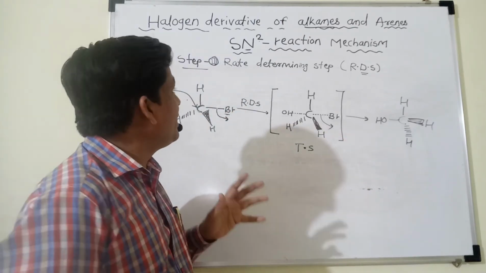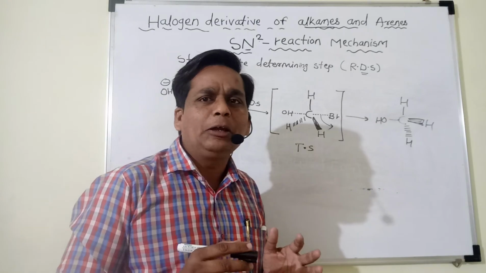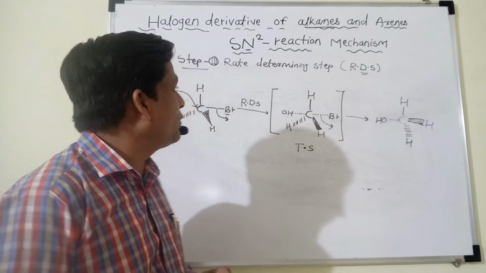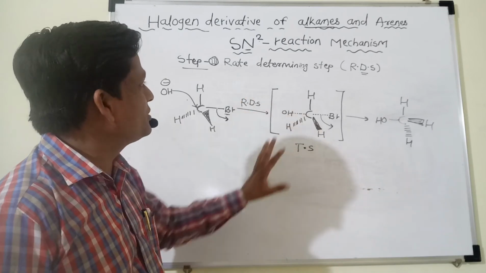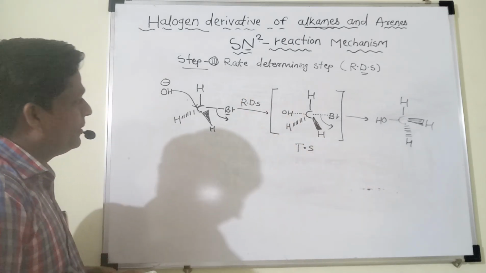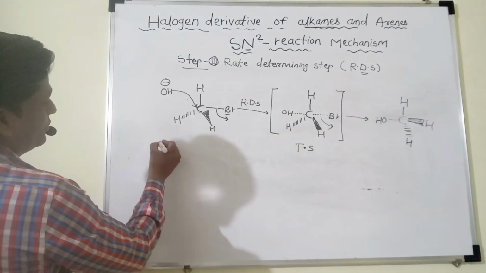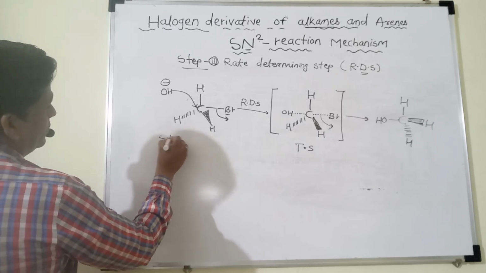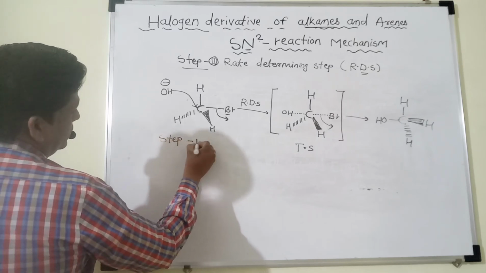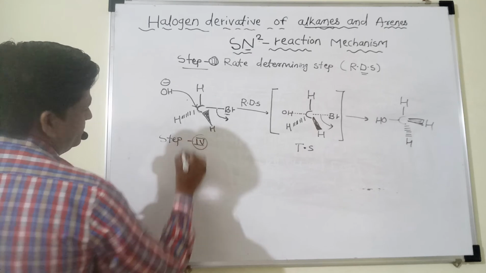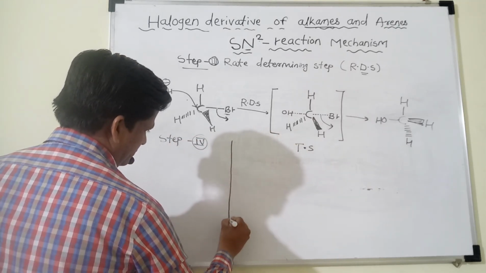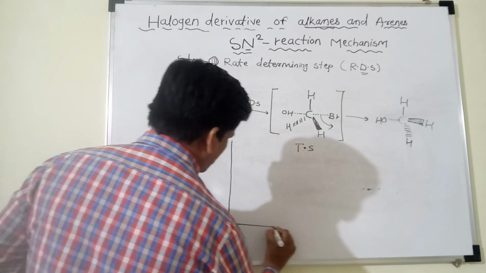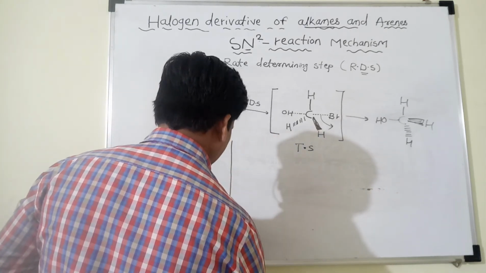Okay, so now we see the last step, that is the energy profile diagram. That is very important. So according to this mechanism, this stereochemistry, we can draw the graph like this. Here we can show the graph. Step fourth, a very simple graph, this one. Okay, just we can show the graph like this.